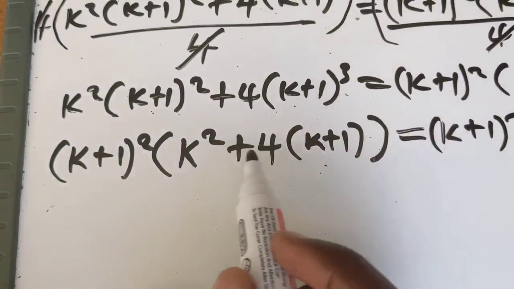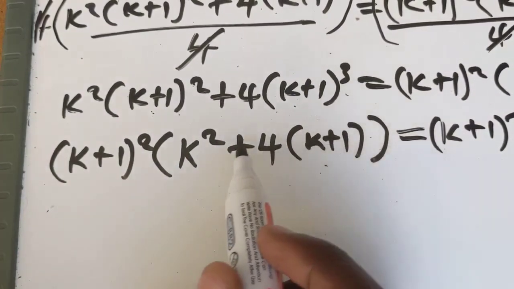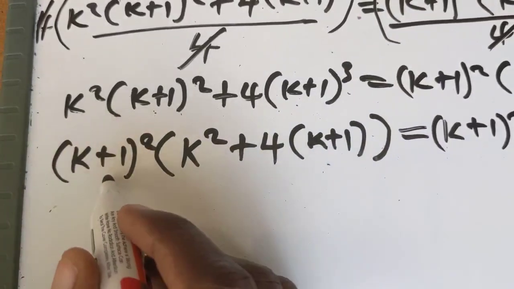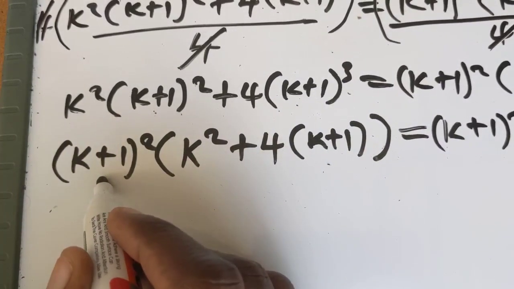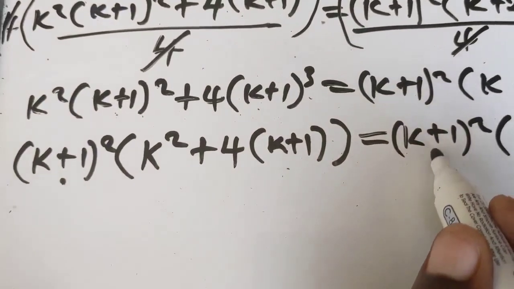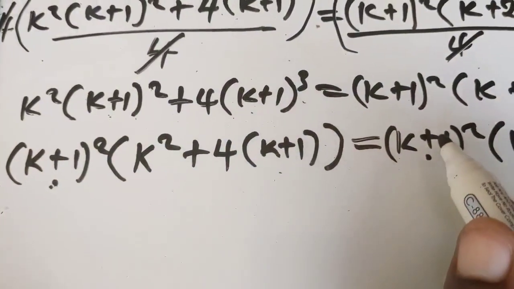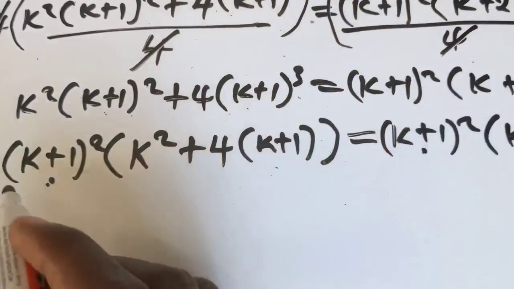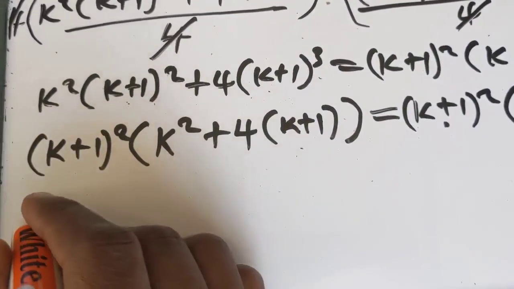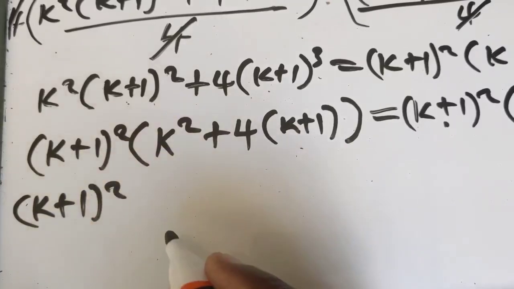So here we can actually multiply this so that we have the answer there. Since we know that this is equal to this, this part is already equal to that part. This is k plus 1 squared, k plus 1 squared, so we don't need to tamper with it.